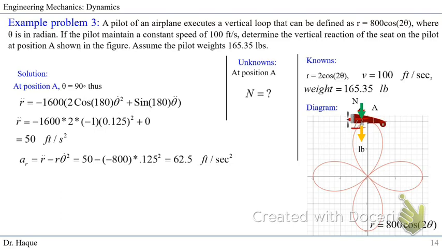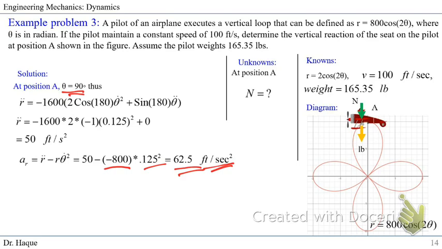So we go back to the equation of a_r, acceleration in the radial direction. We plug in the value, r double dot equals 50 and r equals negative 800 at theta equals 90. And theta dot we found 0.125, so that is whole square. If we solve it, the acceleration in the radial direction is 62.5 feet per second square.